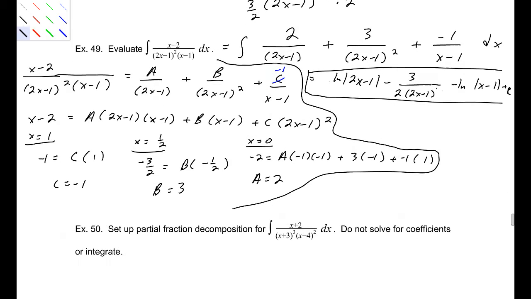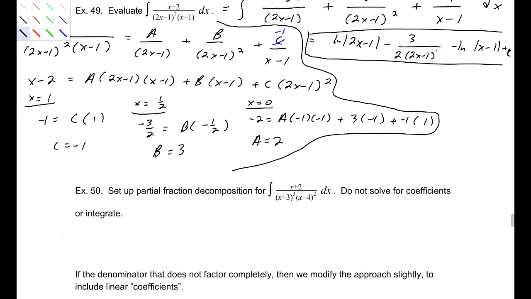All right, next we have set up partial fraction decomposition for this expression. Now all this is asking us to do is come up with what those fractions are going to look like. Okay, A, B, C, D, E, etc. We don't necessarily have to solve these.